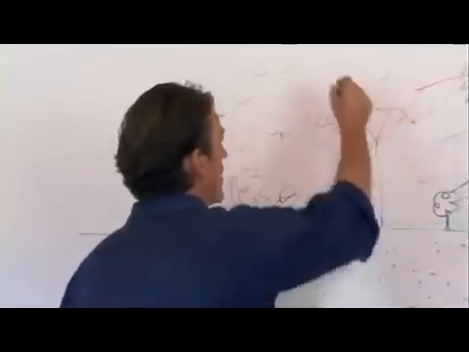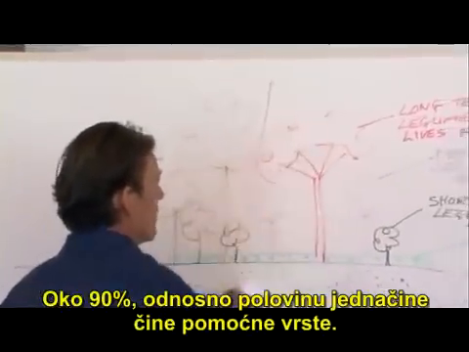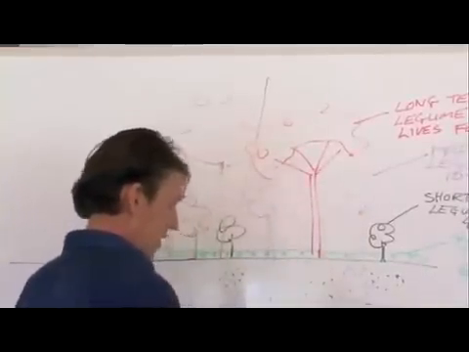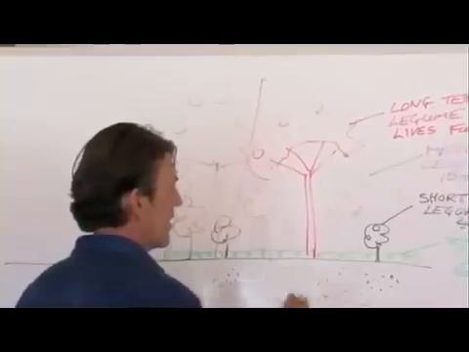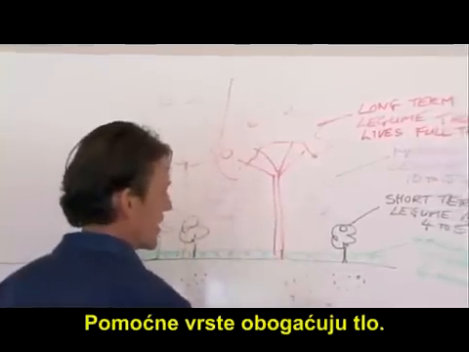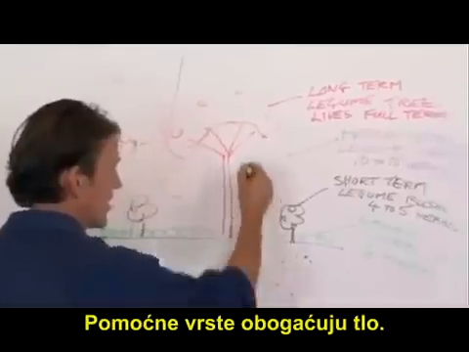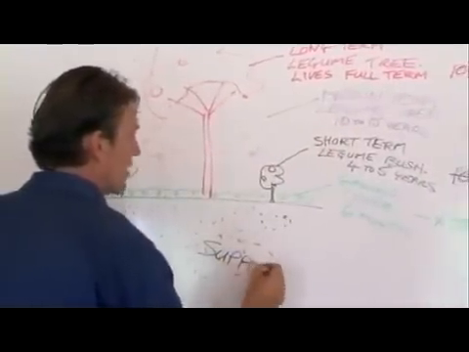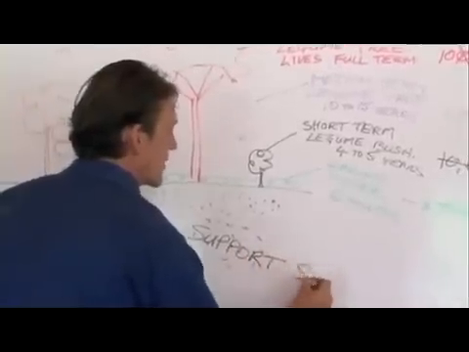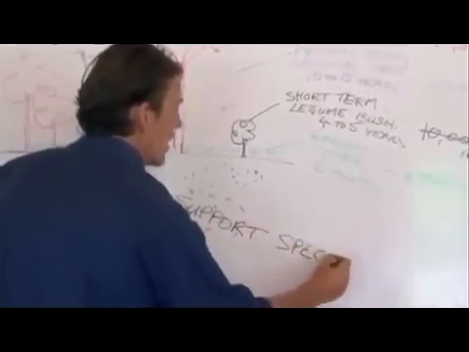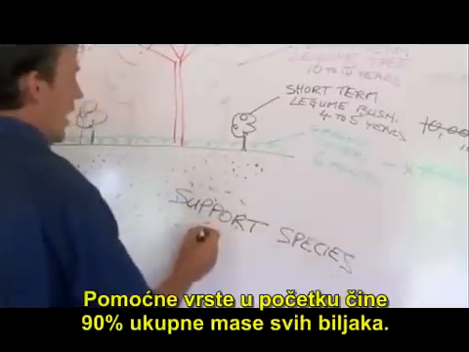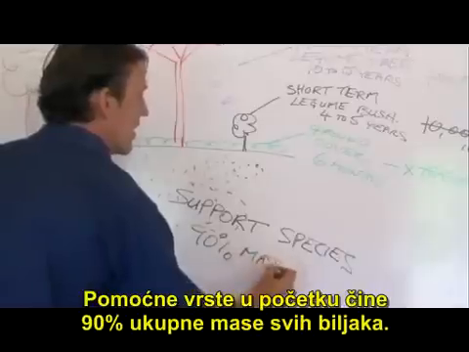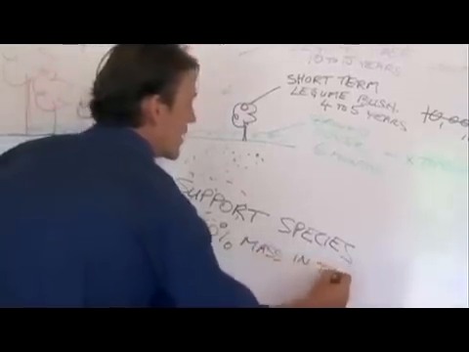Well, this side of the equation over here has been 90% of the mass, support species. So our support species, these actual fertilizing trees, are 90% of the mass in the early years.